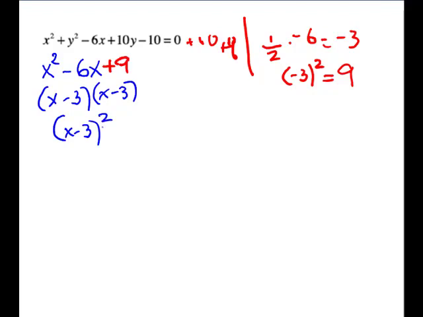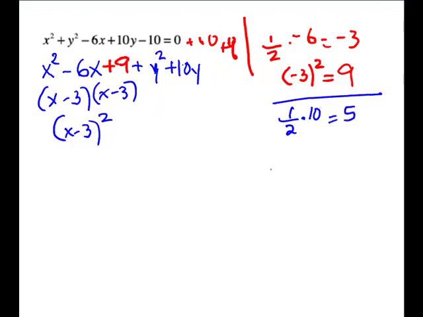All right, then I'll do the y's. So I have y squared plus 10y. We'll find our number, so we're going to take half of 10, which is 5, square it, which is 25, and that is what we'll add to both sides.